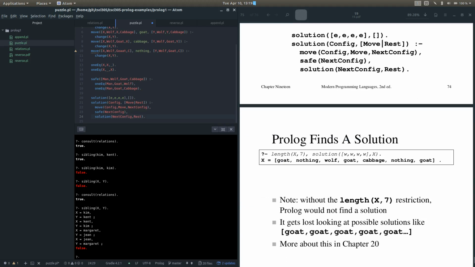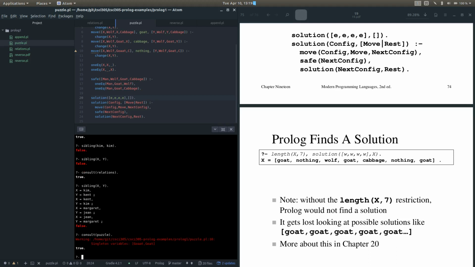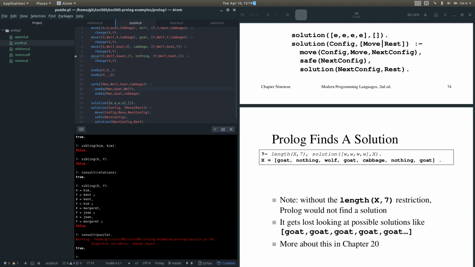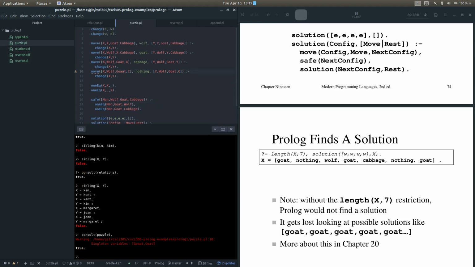So let's find a solution. We'll start with, all right, we'll load this up. So we'll say consult puzzle, and I have a singleton. Oh, my bad. I accidentally misspelled goat.